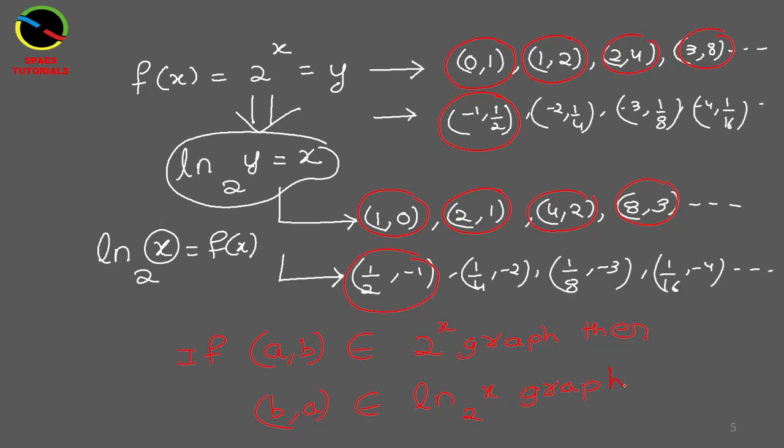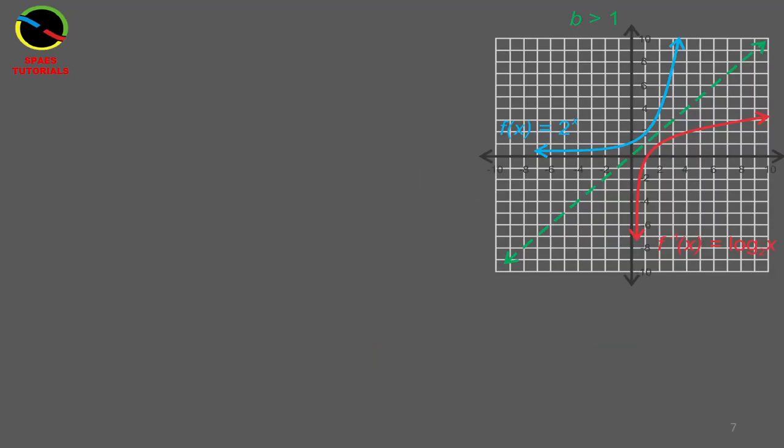Friends, from this what we understood exactly is that if we take the mirror image of the 2 power x graph in the line y is equal to x, you will be getting the log x base 2 graph. That's what I wanted to show in image format.